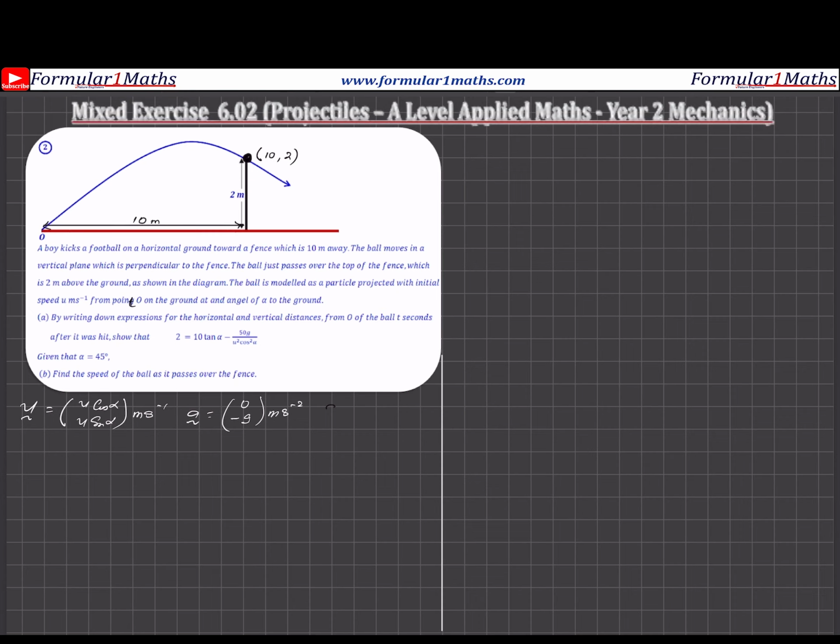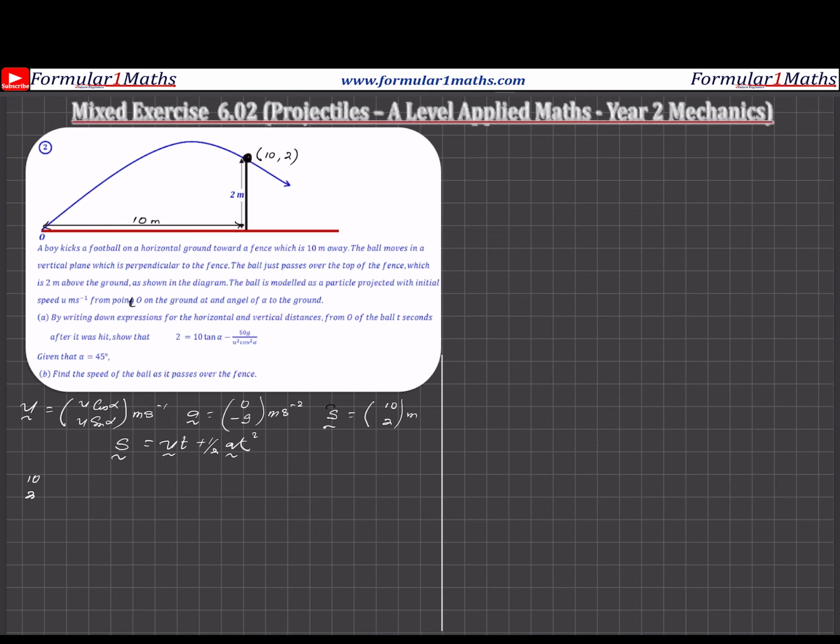So that means the position vector of this can be written as S equals to 10, 2 meters. So now using the suvat equation, S equals to ut plus half at squared in vector form again, I can do my substitution to get the following.